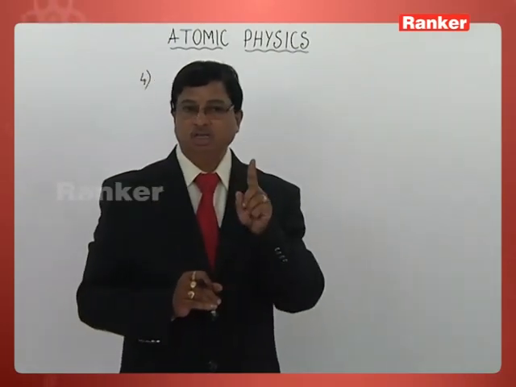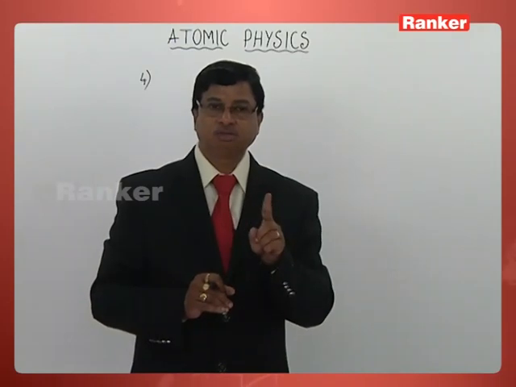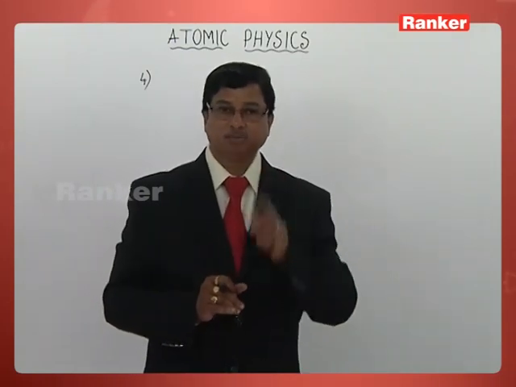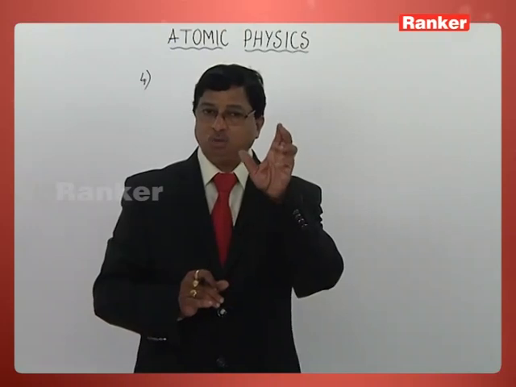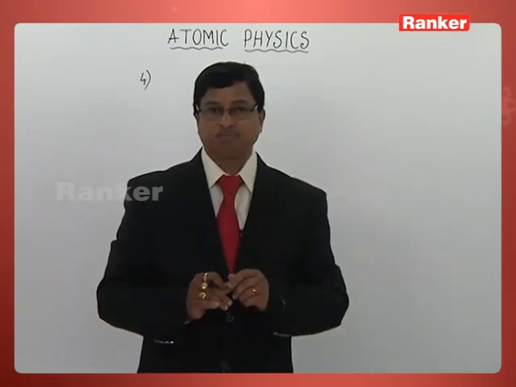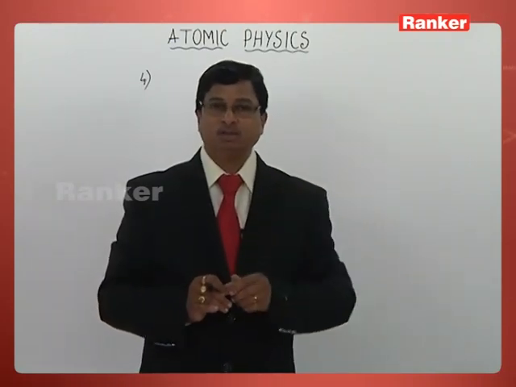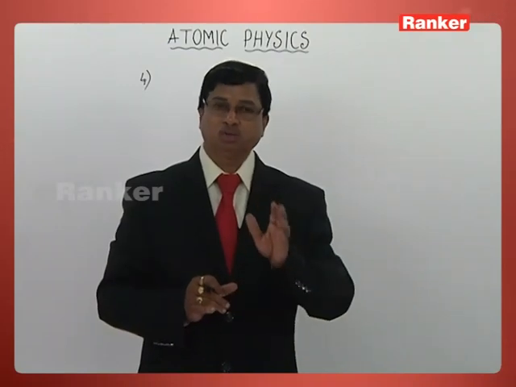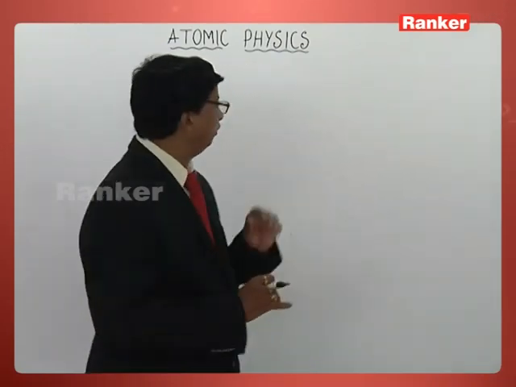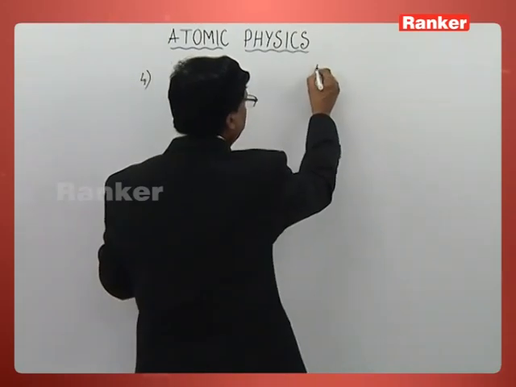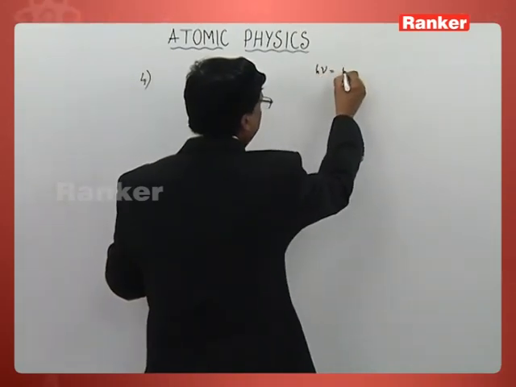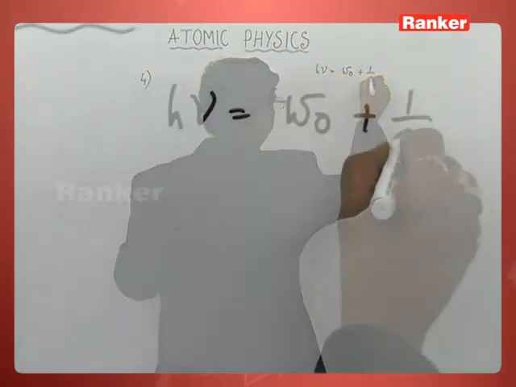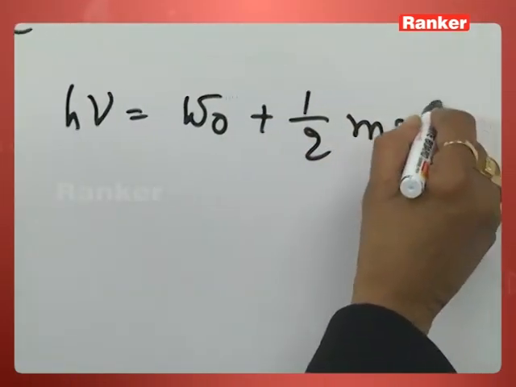Only one theory can explain it, that is Max Planck's quantum theory. Using the quantum theory concepts, Einstein gave a photoelectric equation which all of you are familiar with: h nu is equal to W naught plus half mv square.